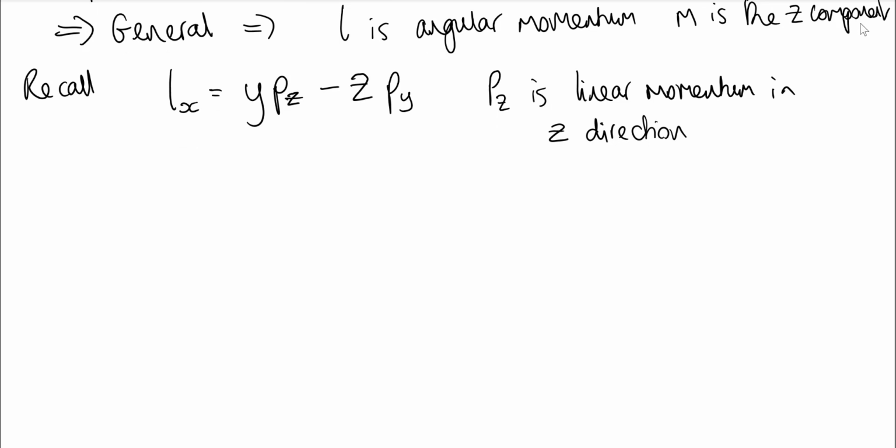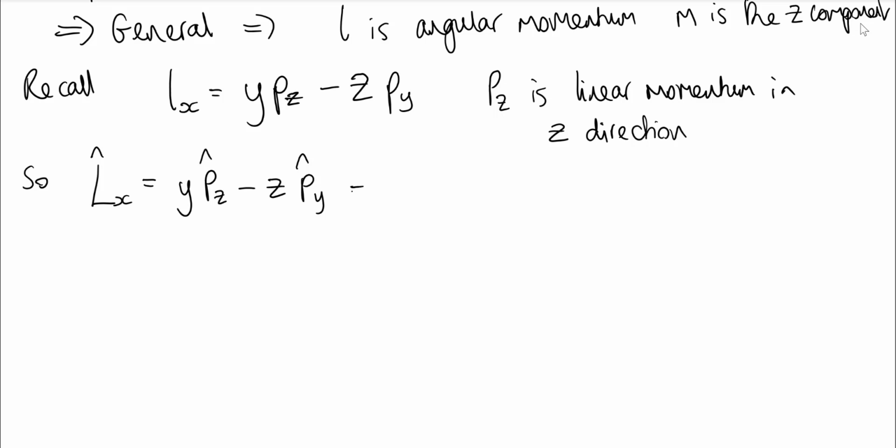And so we can write these down for all the momenta, right? So we can recognize how do we come up with operators. So let's suppose that we care about the operator for angular momentum L sub z. Well, how would we figure that out? Well, we would use the operator for linear momentum in the z direction minus z times the operator for linear momentum in the y direction.